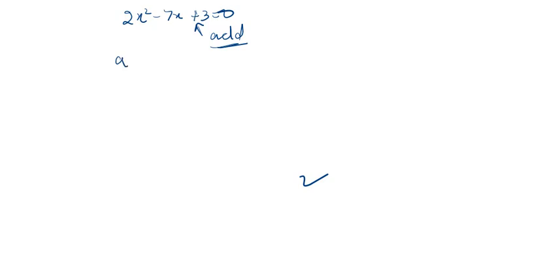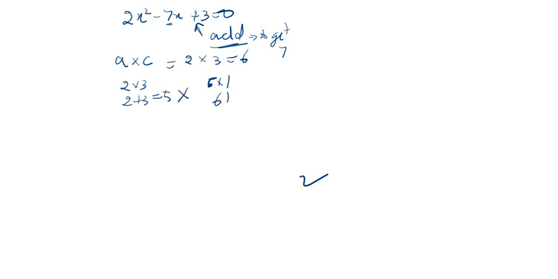So a is 2, c is 3, so that's my number. My factors are 2 times 3 or 6 times 1. I have to add my factors to get the middle number, which is 7. So 2 plus 3 is equal to 5, so I discard that. 6 plus 1 is 7, so those are my factors.